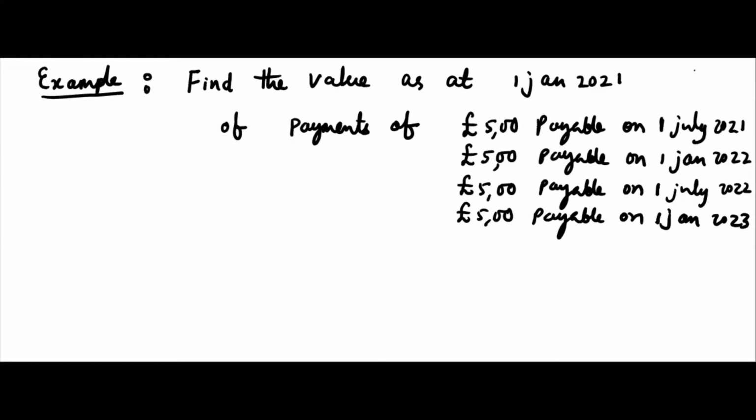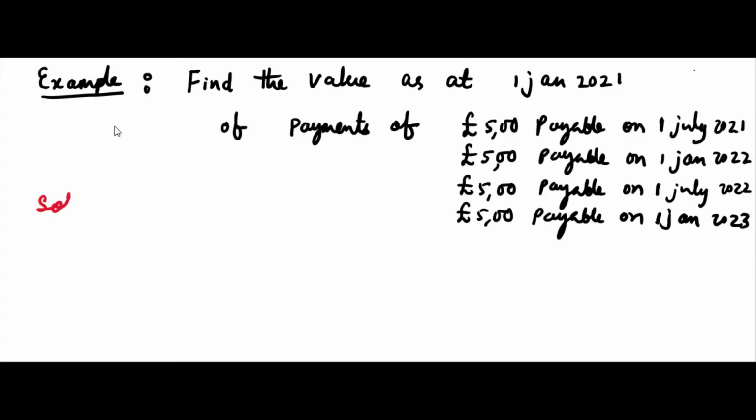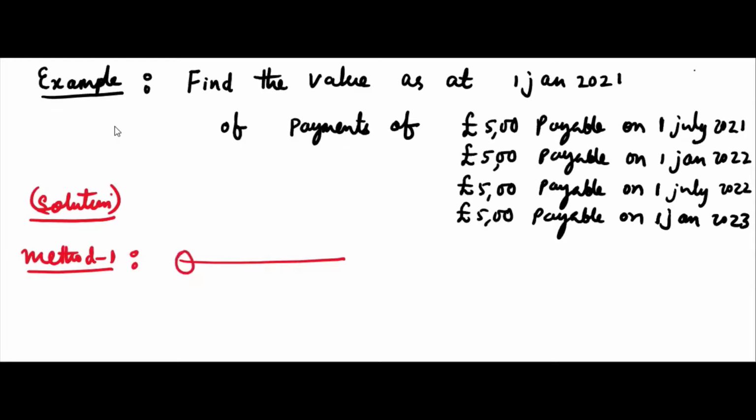Now let me draw the timeline. Method 1 means the old method, whatever you already studied. Here you have to write this way. This is 0. 1 January 2021, that is 0. And then you have 1, 2 here.